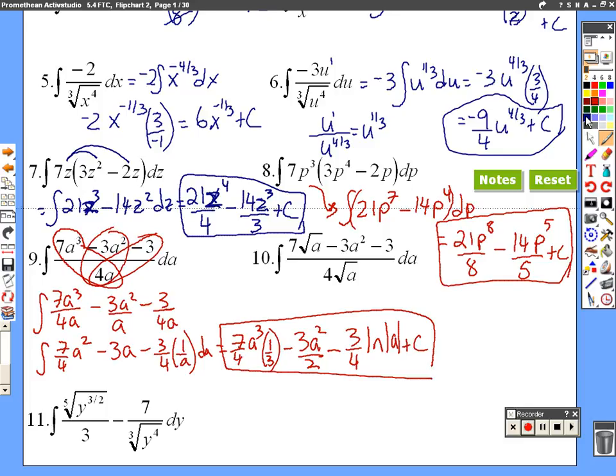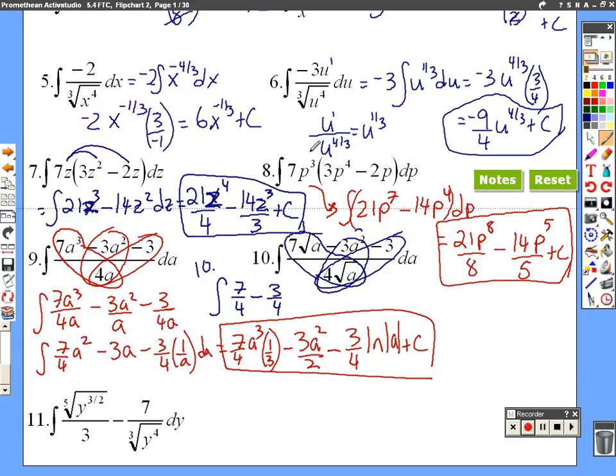Number 10, let me change colors again so we can do this. As you can tell, we're going to do the same thing. We're going to divide them all. All right, so let me kind of write this wherever I can. Number 10, the integral is going to become 7 over 4, and the root a's cancel, so 7/4 minus 3/4 a squared divided by a, root a, like we had up here.